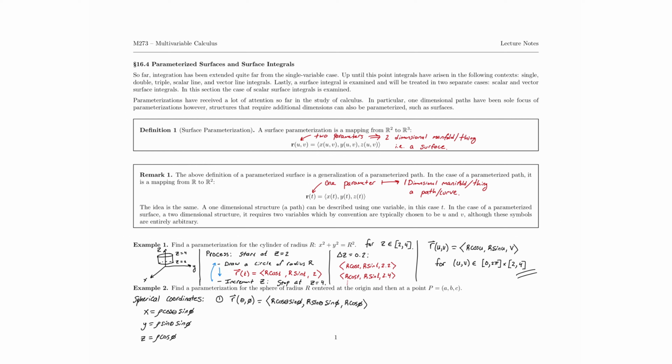If we want the full sphere, remember that theta has a maximum range of 0 to 2 pi, whereas phi has a maximum range from 0 to pi. If we wanted the upper hemisphere, then phi would just be 0 to pi over 2.